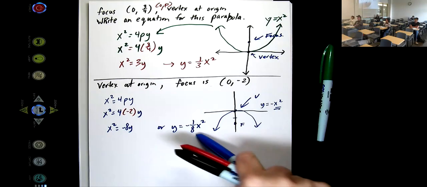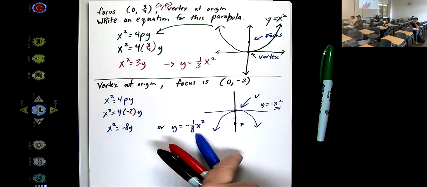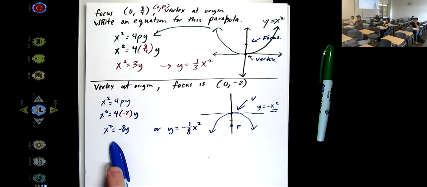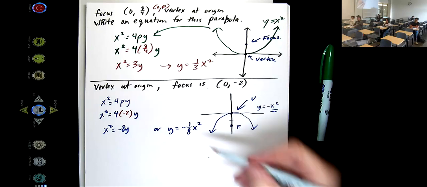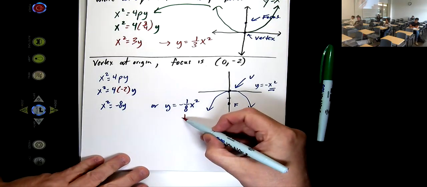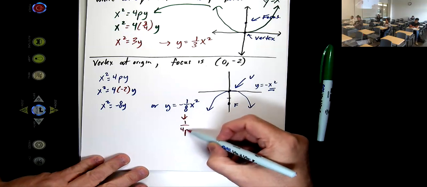This is the way we're used to seeing it. This is the way that's most helpful for getting the p if you don't have the p to start with. Otherwise, if you start in this form and you don't want to jump over to the other form, you have to relate that to 1/4p.